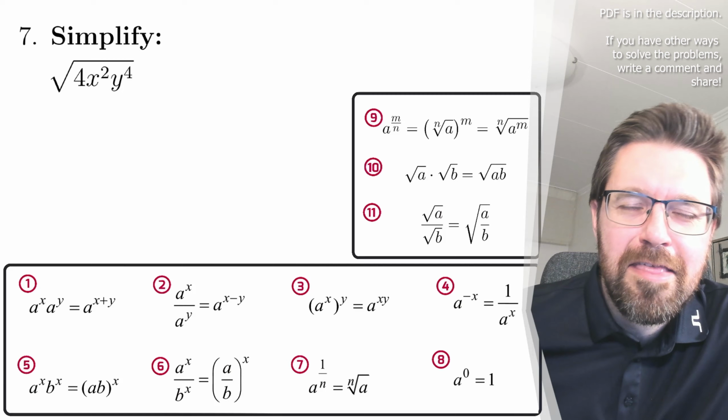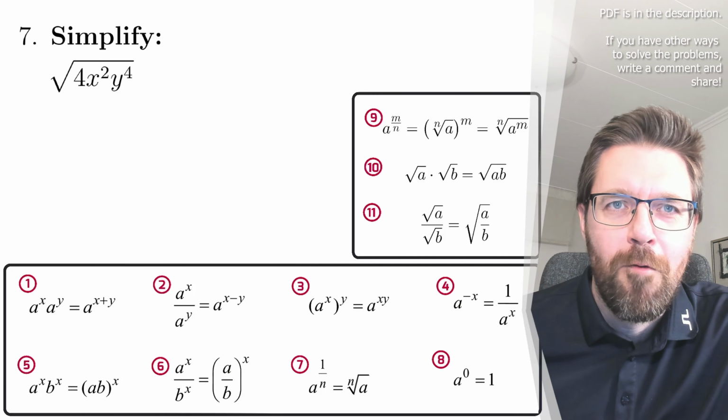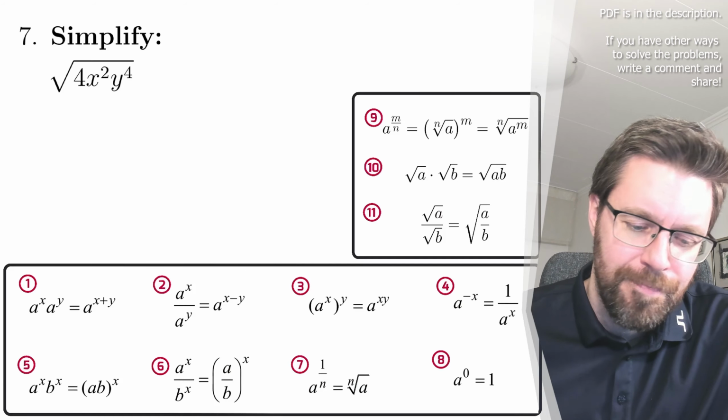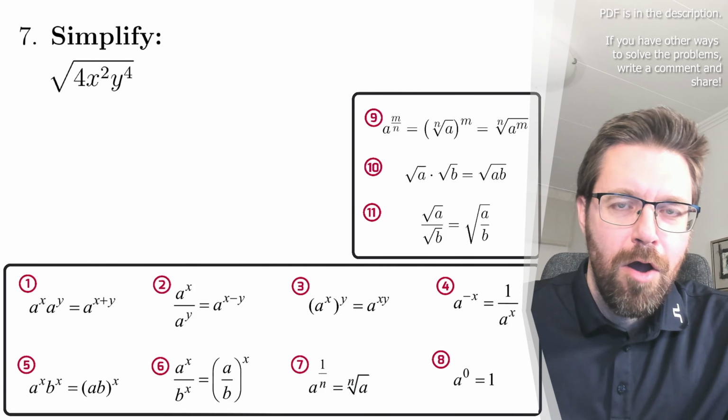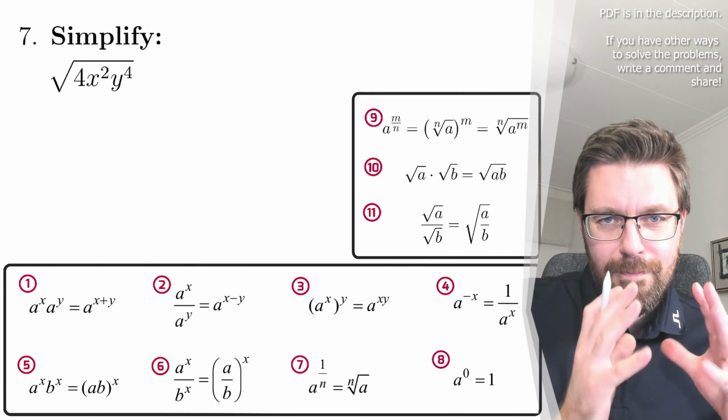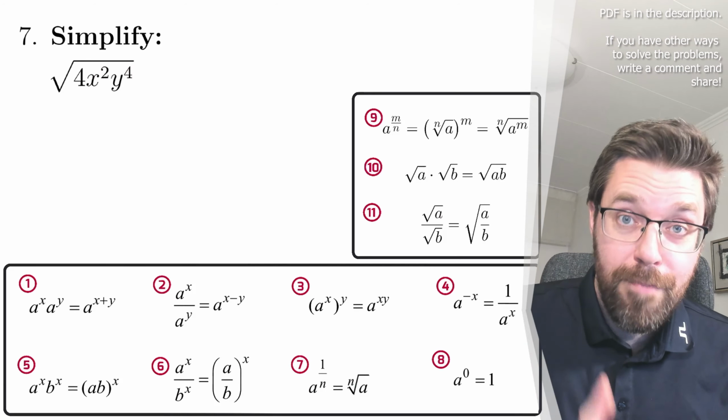Number 7, simplify the square root of 4x raised by 2 times y raised by 4. And the exponents here are only working with the base that is just behind it, or beside it.